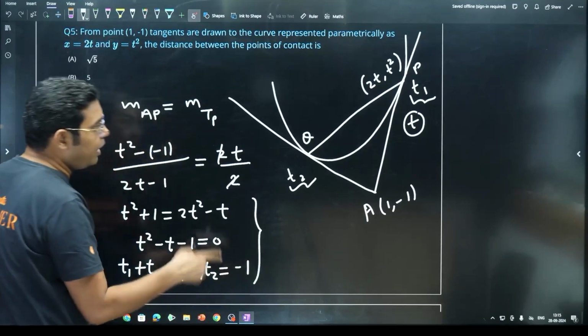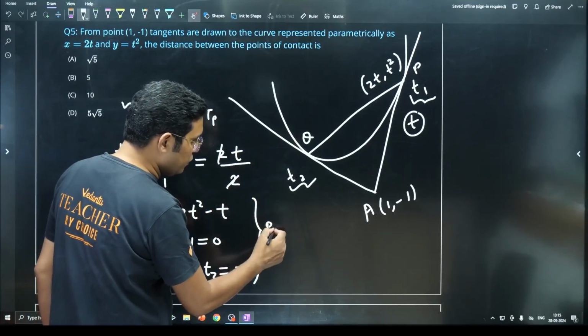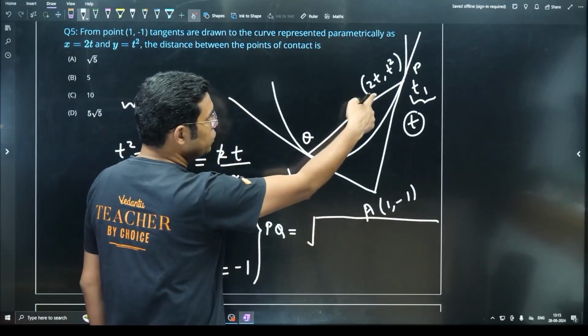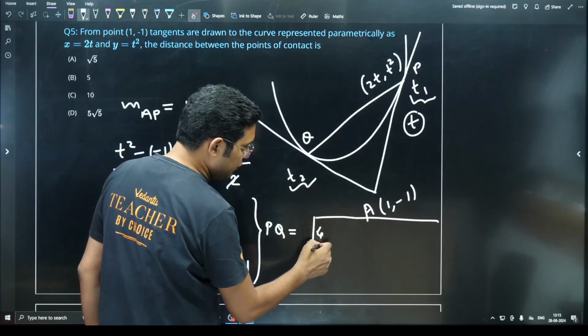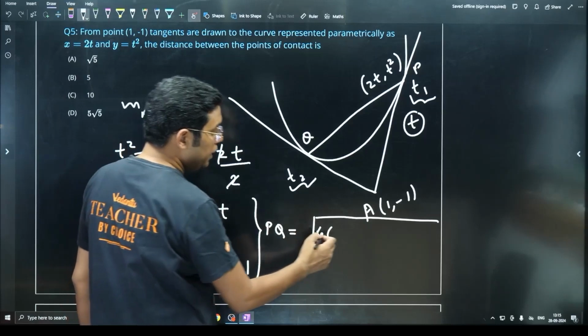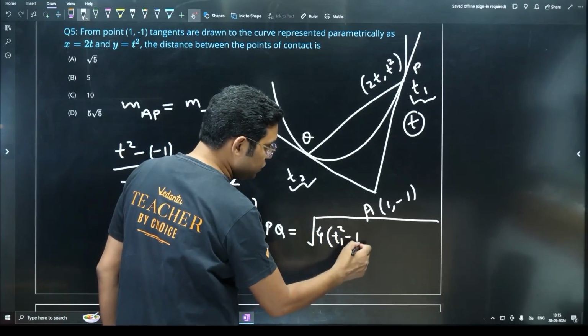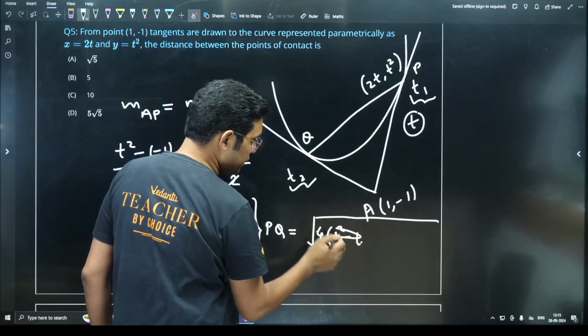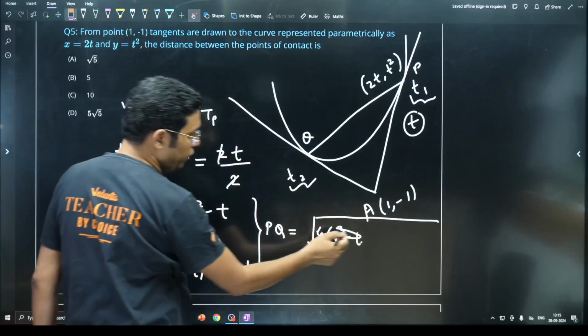Okay, now what we are looking for is the distance PQ, which will be equal to under root of, I think 2 can be taken common, so it will come out as 4, and t1 square minus t2 square. No, 1 minute. Actually I am using the distance formula.